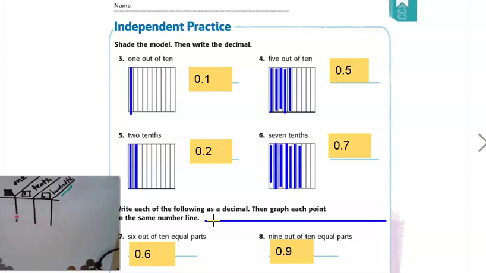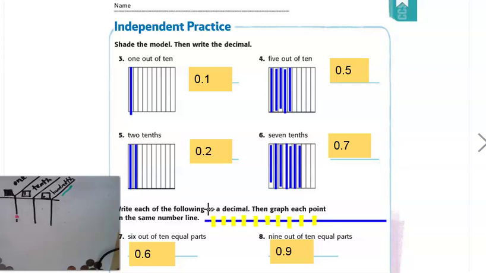So I'll go 1, 2, 3, 4, these are really big, 5, 6, 7, 8, 9, 10. And then just in order to graph these, I might change my color again. You can do this with pencil and just drawing different. So I need to graph 6. So what?